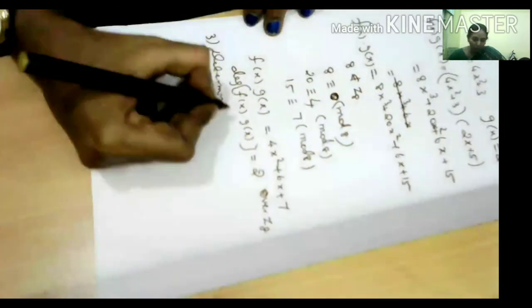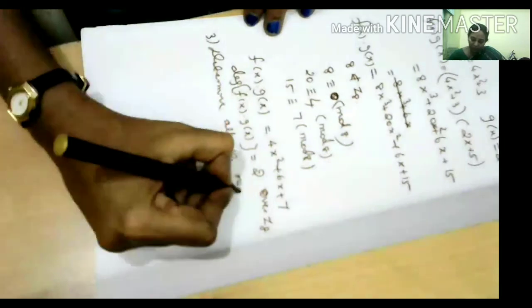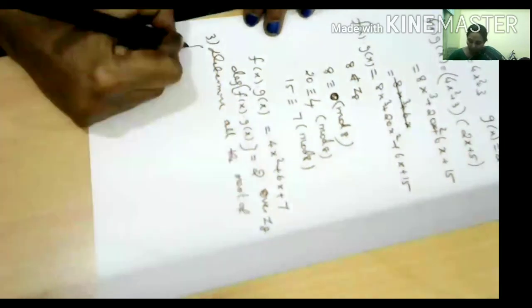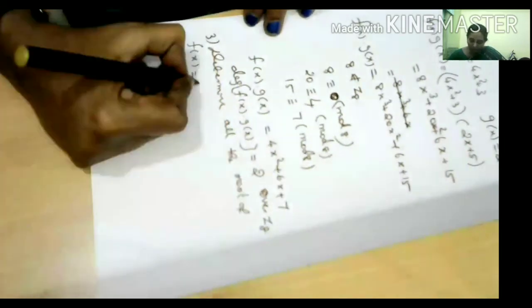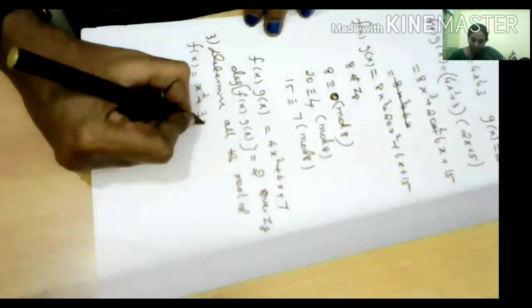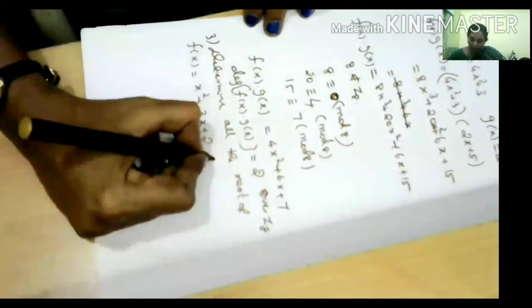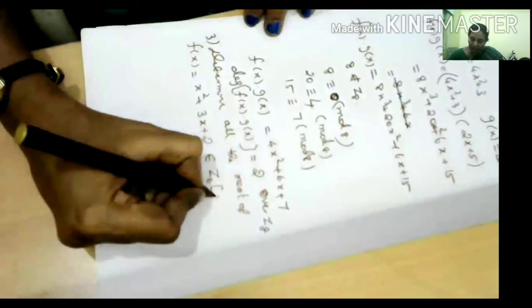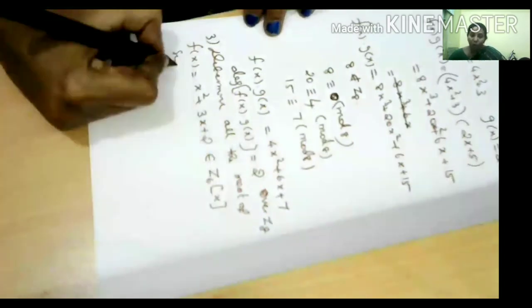determine all the roots of f of x equal to x square plus 3x plus 2 over Z6. So you are finding the roots of a polynomial over Z6.